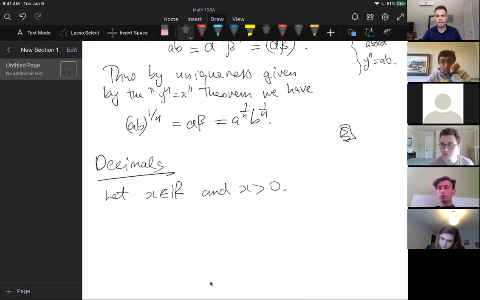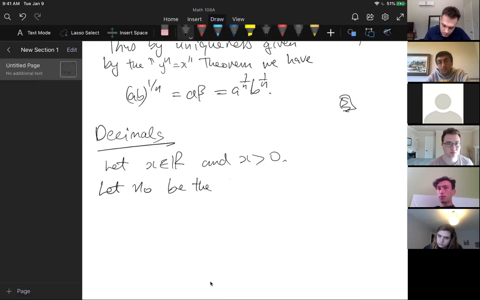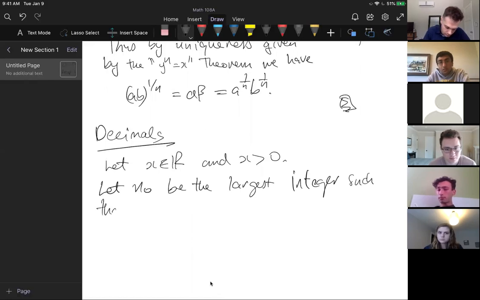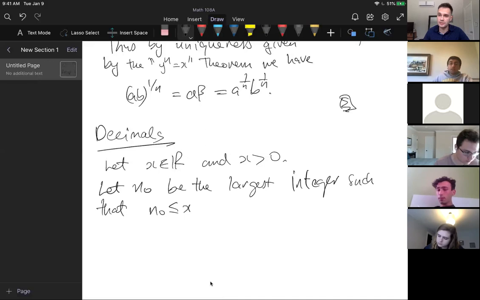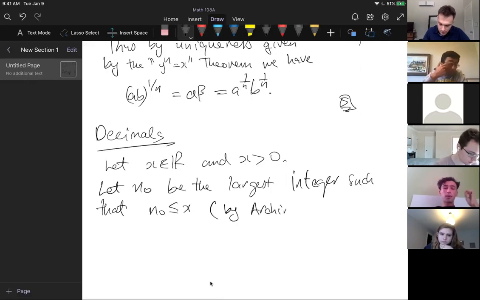And what I'm going to do is let n0 be the largest integer such that n0 is less than or equal to x. And such a choice can be made for this n0 by the Archimedean property that we proved last time. So I can choose the first one.